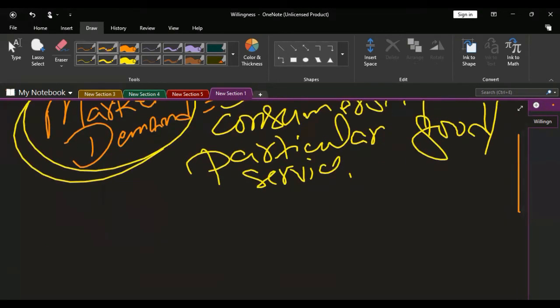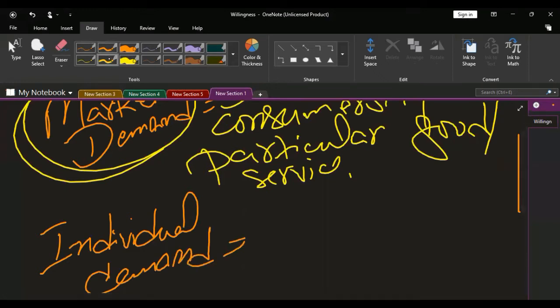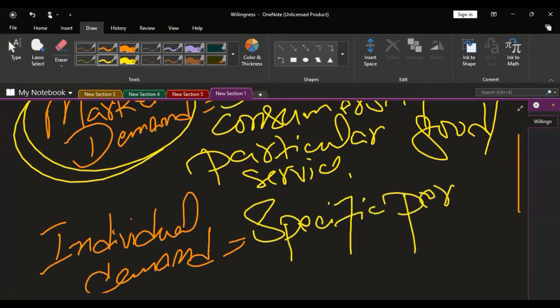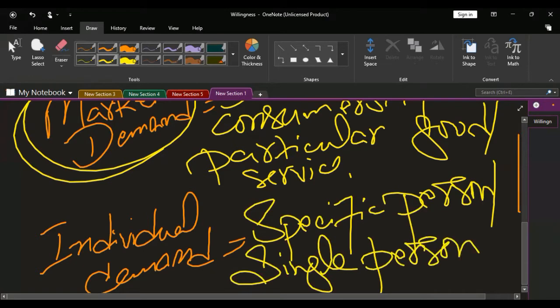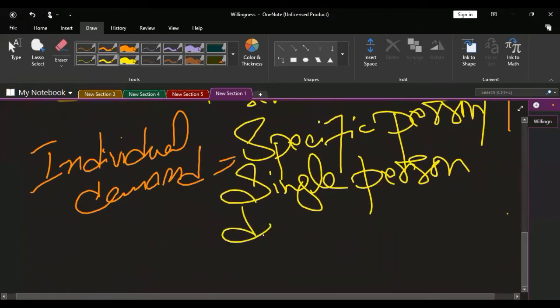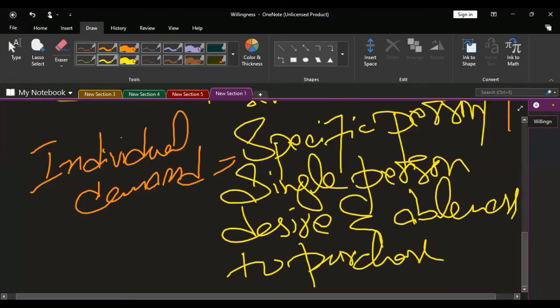Secondly, individual demand. Individual demand is the specific person's or a single person's desire and ableness to purchase a good or service.